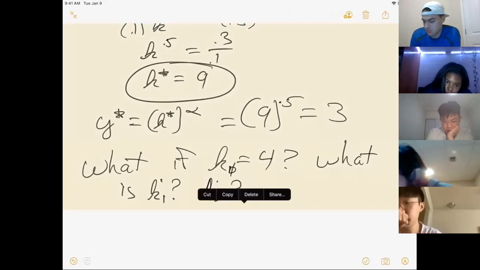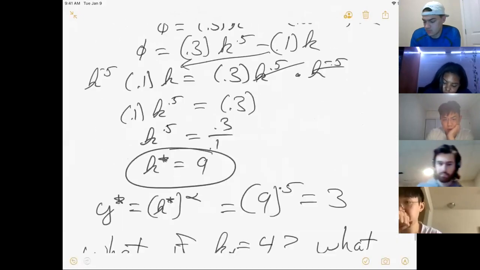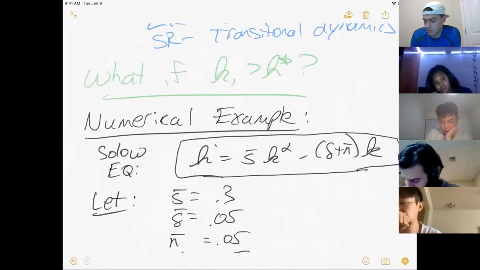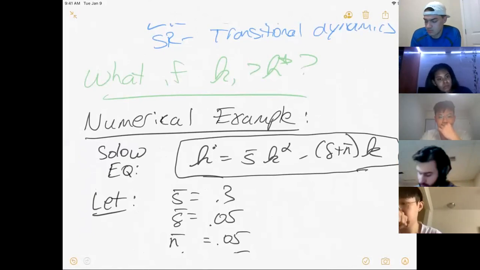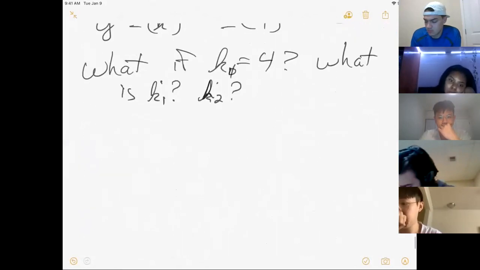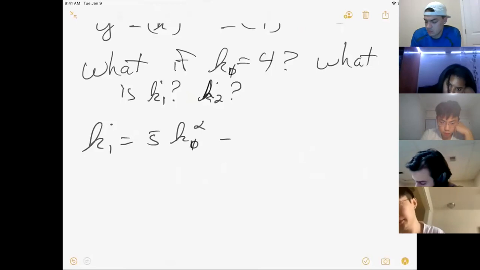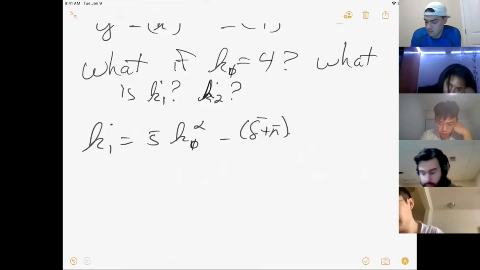Well, once again, to solve this, we just go back to our Solow equation, right? Now we know what capital is. We just have to solve for what K dot is. So once again, it's just plugging in on the right side to figure out what K dot is. So what's K dot 1? We just plug in everything here on the right side.